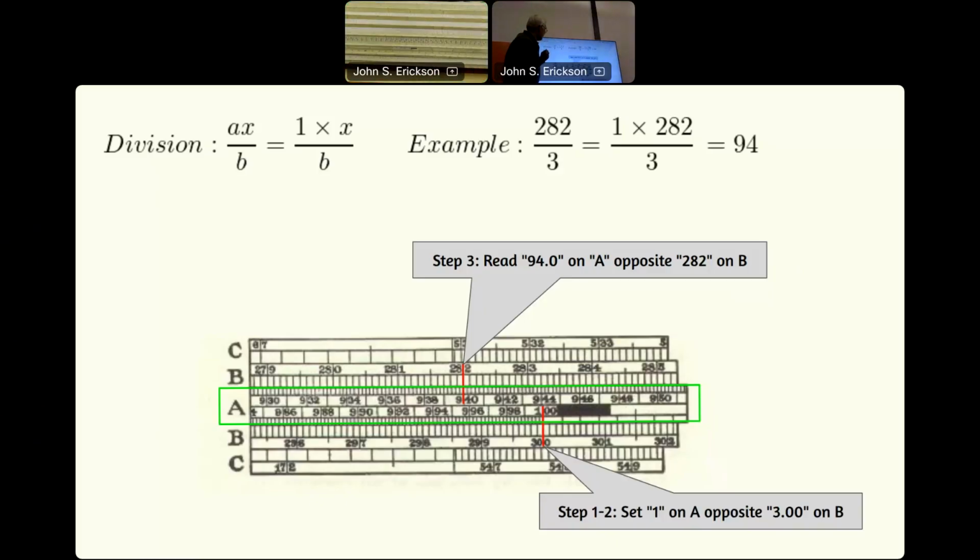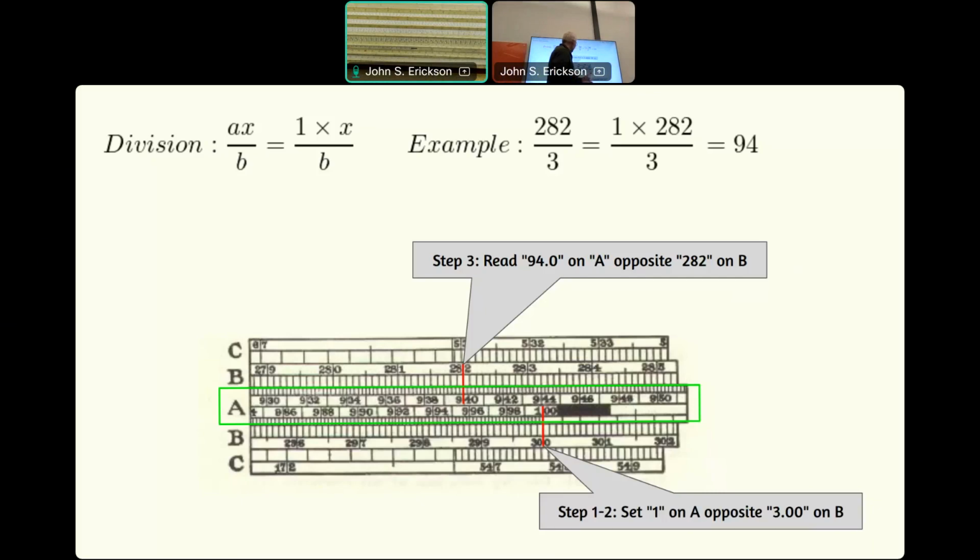This is a division. This works differently on the division. Instead of aligning with that black marker on the B scale, as we did with multiplication, we're aligning the black marker on an A scale and working in reverse. So our divisor is 3.